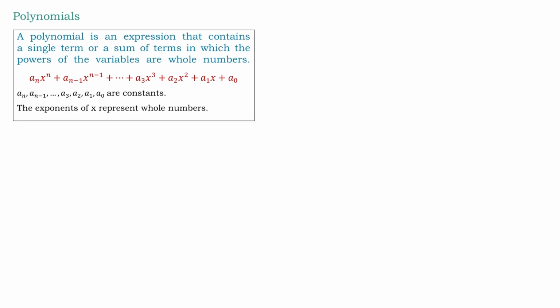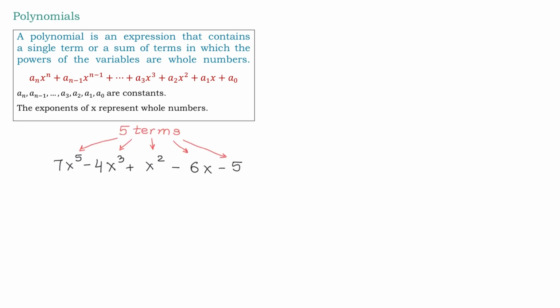An example of a polynomial is 7x to the 5th power minus 4x cubed plus x squared minus 6x minus 5. This polynomial has 5 terms.